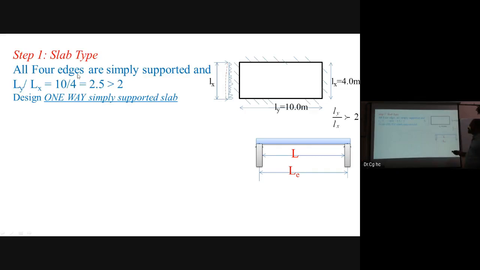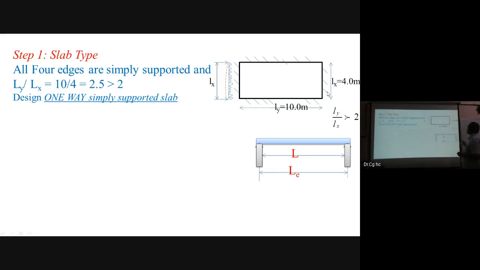Now the first step, slab type. First let us find out whether it is a one-way slab or two-way slab. All four sides are simply supported and Ly by Lx is equal to 10 by 4, which is equal to 2.5.